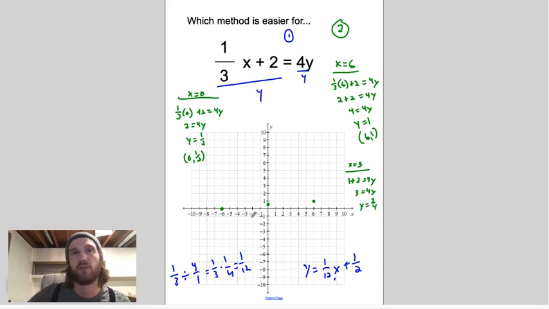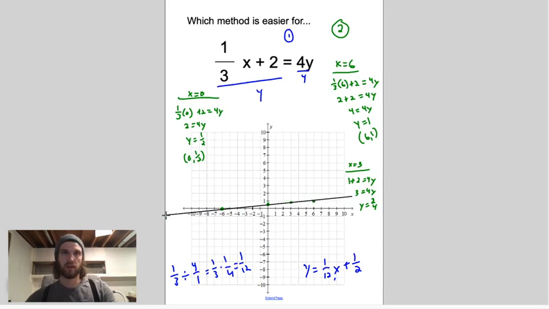So that's the point (3, 3/4). And those look like they're all in line. And we are all hunky-dory. I think that means happy. I'm not sure. Okay, there's my line in all its glory. Pretty fun.